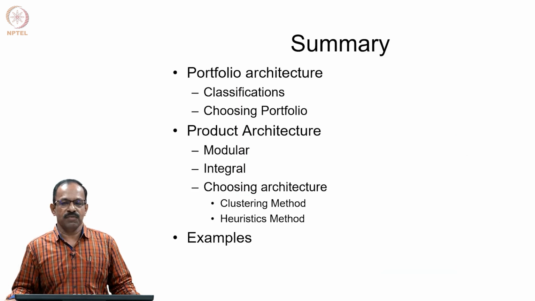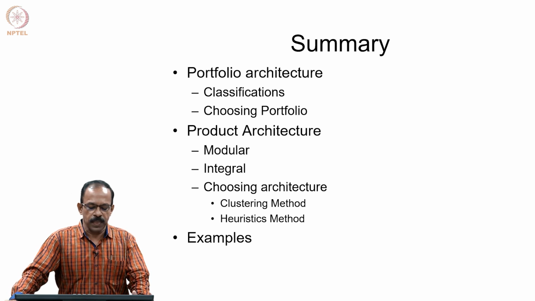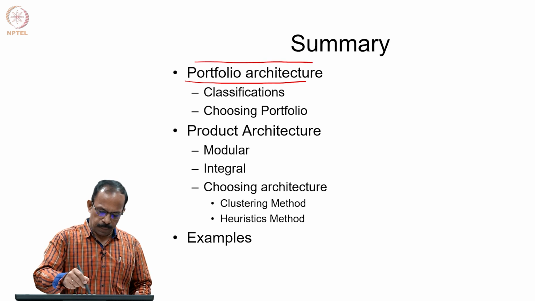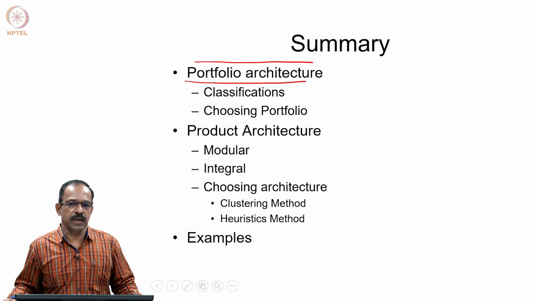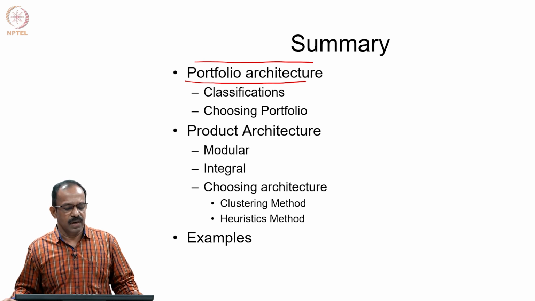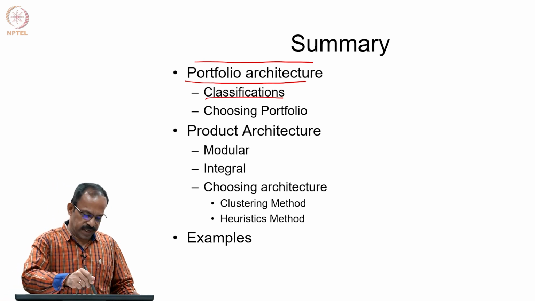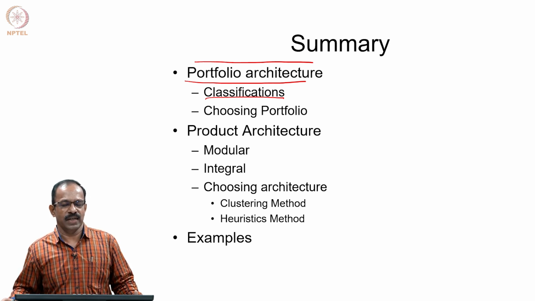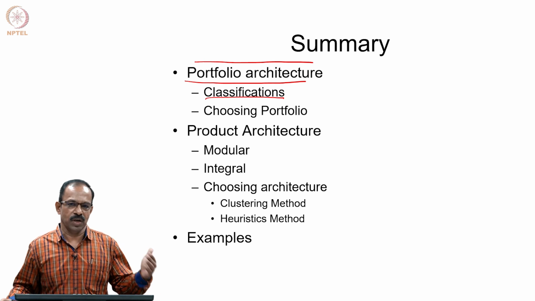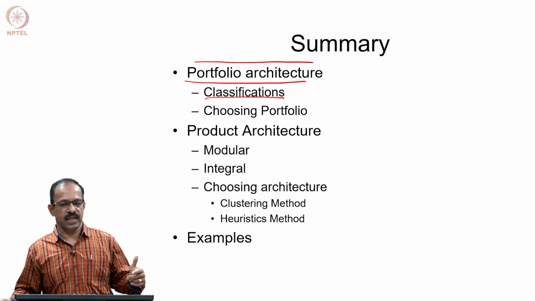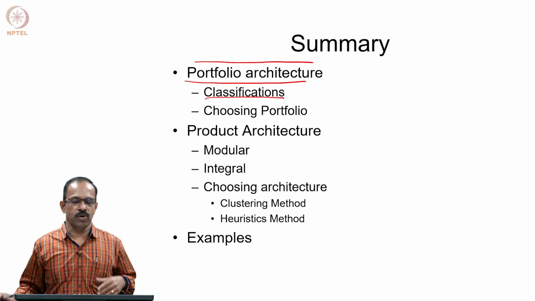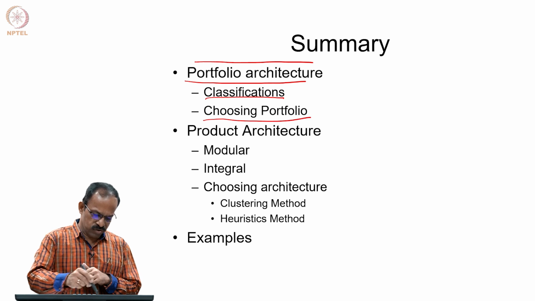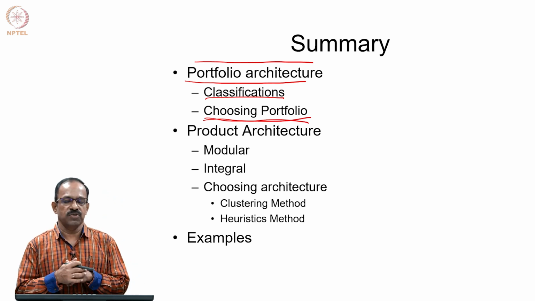So, to summarize whatever we discussed in the last few classes, we started with the portfolio architecture, and then we saw the different portfolio architectures existing, and the classifications of portfolio architecture, basically based on the modules or the integrated one, I mean unshared architecture or modular architecture, and within the modular architecture the different possible options like modular family, modular generation, etc. And then we saw how we actually choose the portfolio based on the customer's requirements.